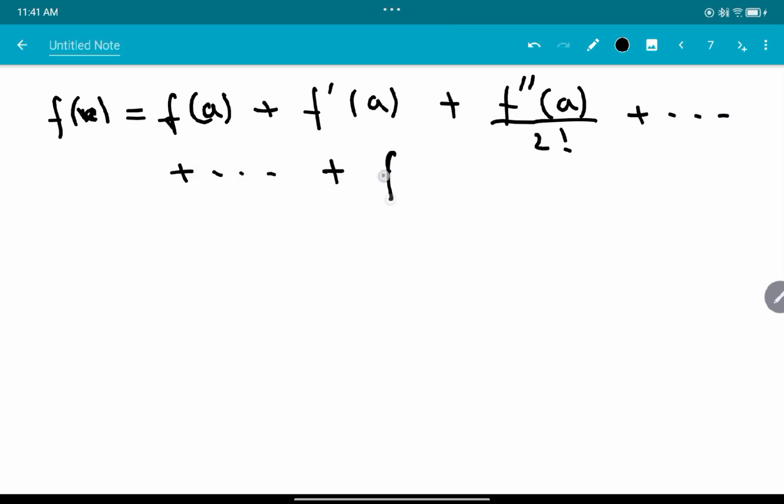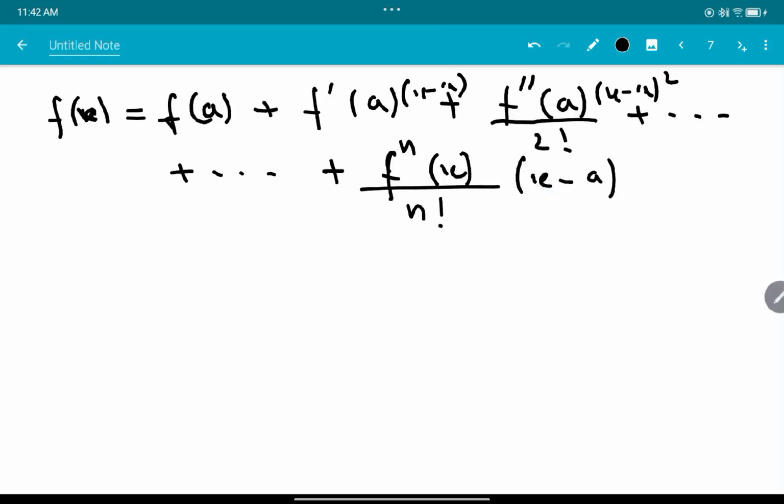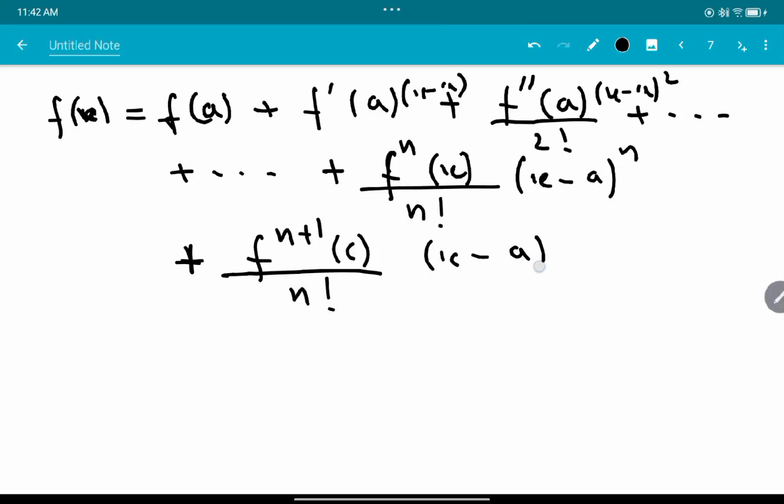Now I can write f^n(a) divided by n factorial, (x minus a) raised to n, plus whatever now is left, which will be called the remainder. That remainder will be f^(n+1)(c) divided by (n plus 1) factorial, (x minus a) raised to n plus 1.